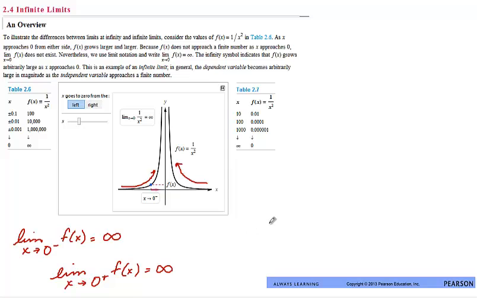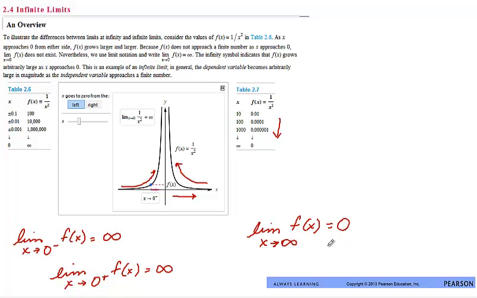We can also look at this function as x approaches infinity. As x approaches infinity of this f of x, as my x's get larger and larger, this function is headed towards, and you'll notice this is verified on the tables as well, x is headed towards infinity, y goes to 0.